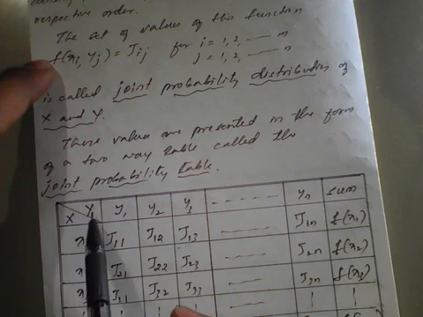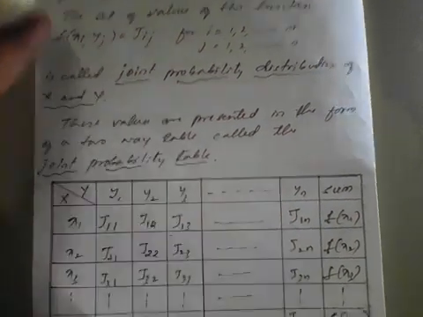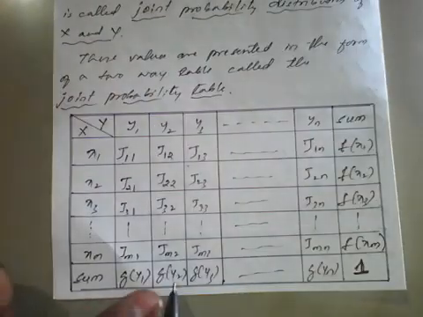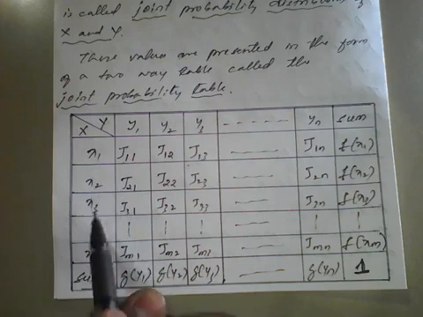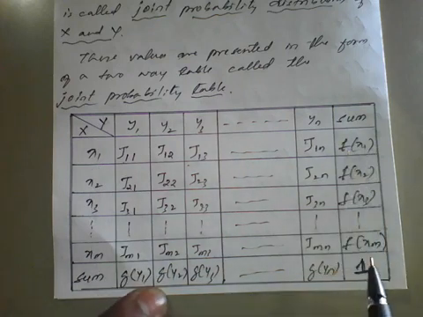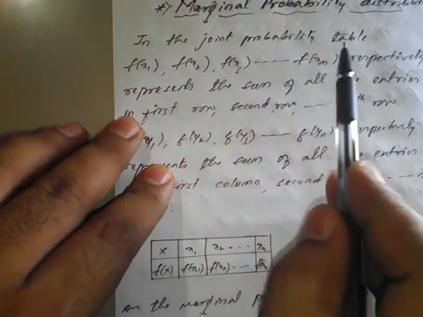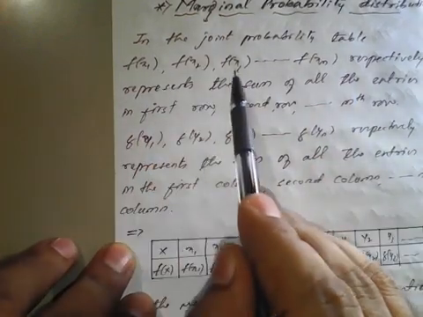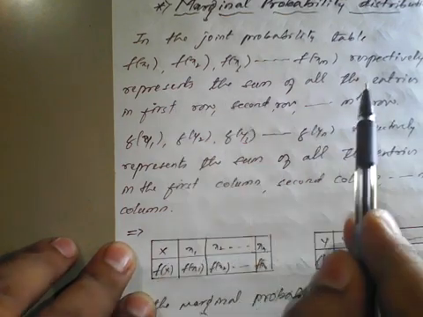For y1, y2, y3 and so on up to yn there is a margin, and with respect to that, g1, g2, g3, g4 and so on up to gn is the margin for both. x1, x2, x3, with respect to this, f of x1, f of x2, f of x3 and so on are nothing but the marginal values.